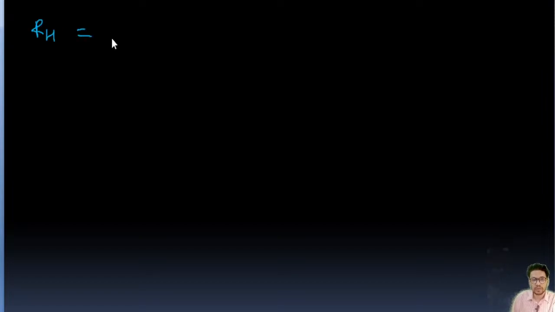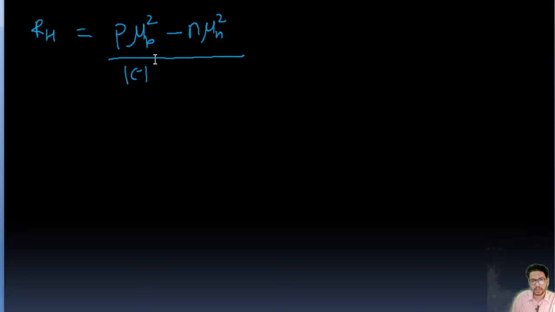RH equal to (P mu P square minus N mu N square) upon modulus of e, charge of electron, into (P mu P plus N mu N) whole square.